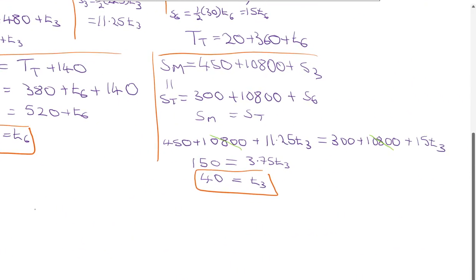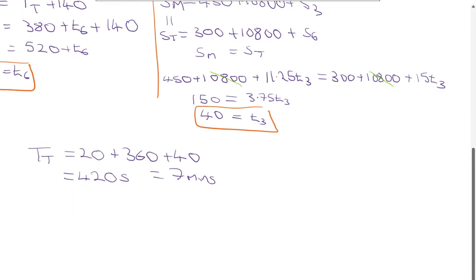So time on Tuesday is 20 plus 360 plus 40, which is 420 seconds, which is 7 minutes. So 8:30 minus 7 is 8:23 a.m. and that is your answer.